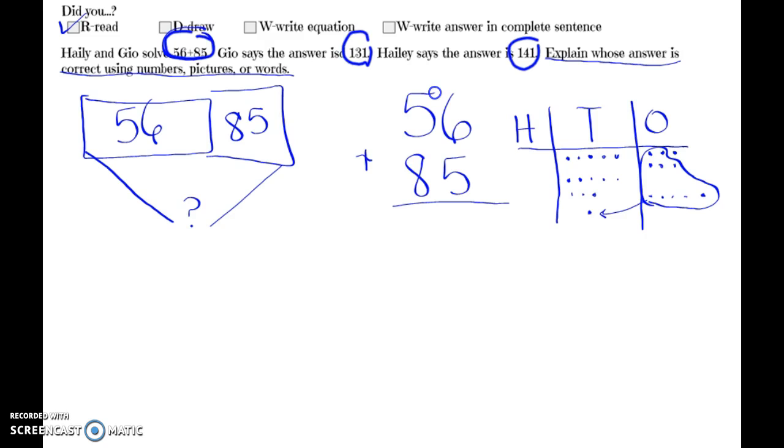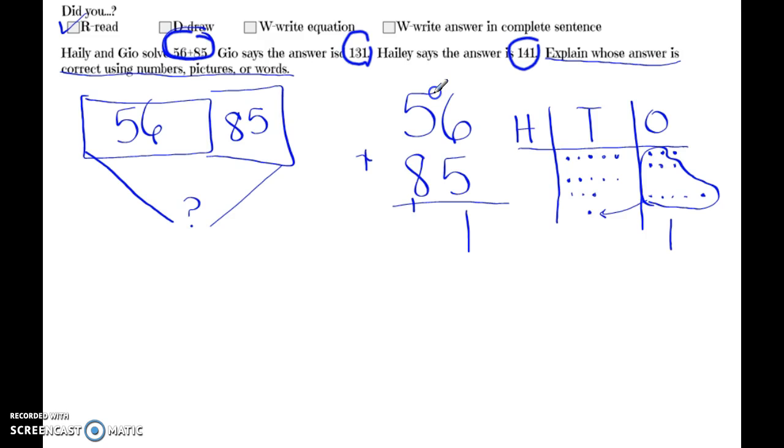When I go back and look at the ones, I notice that I have one left. Now, I'm going to come to my equation, and I'm going to put a 1 in my ones place. But since I have my new unit in the tens place, I'm going to put a 1 right on the line to help me to remember to add that 1 unit in.